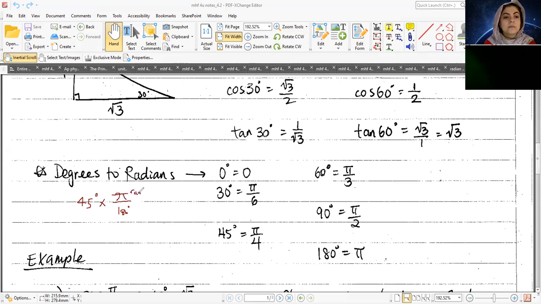So you just simplify. 45 divided by 45 is 1. 180 divided by 45 is 4. So the answer is pi over 4. Or automatically, you can say that 30 is pi over 6, 60 is pi over 3, 90 is pi over 2, 180 is pi. You need to do this very, very fast.